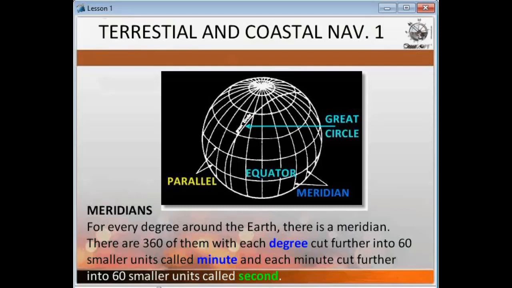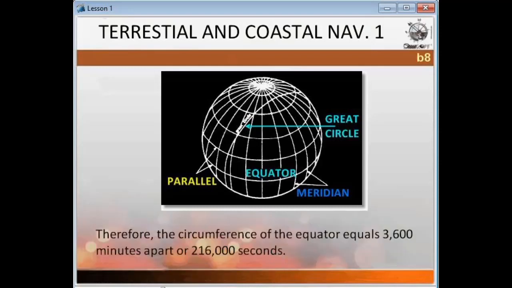There are 360 of them, with each degree cut further into 60 smaller units called minutes, and each minute cut further into 60 smaller units called seconds. Therefore, the circumference of the equator equals 21,600 minutes, or 1,296,000 seconds.